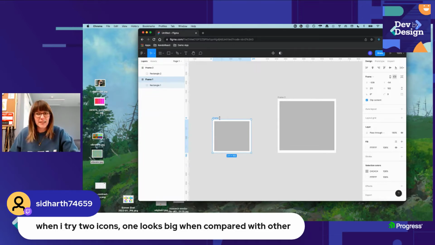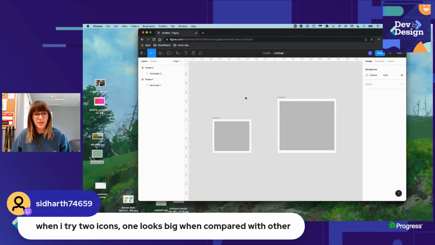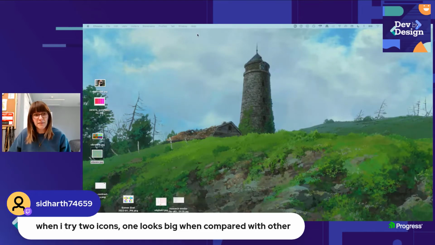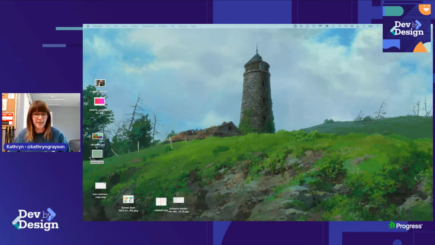But yeah, with SVGs, if you are comfortable working in the code, you should be able to open the SVG in an editor, take a look at it that way, and standardize the size there. A lot of times when I run into that issue where things are feeling misaligned from a size perspective, it's because I got them from two different sources.